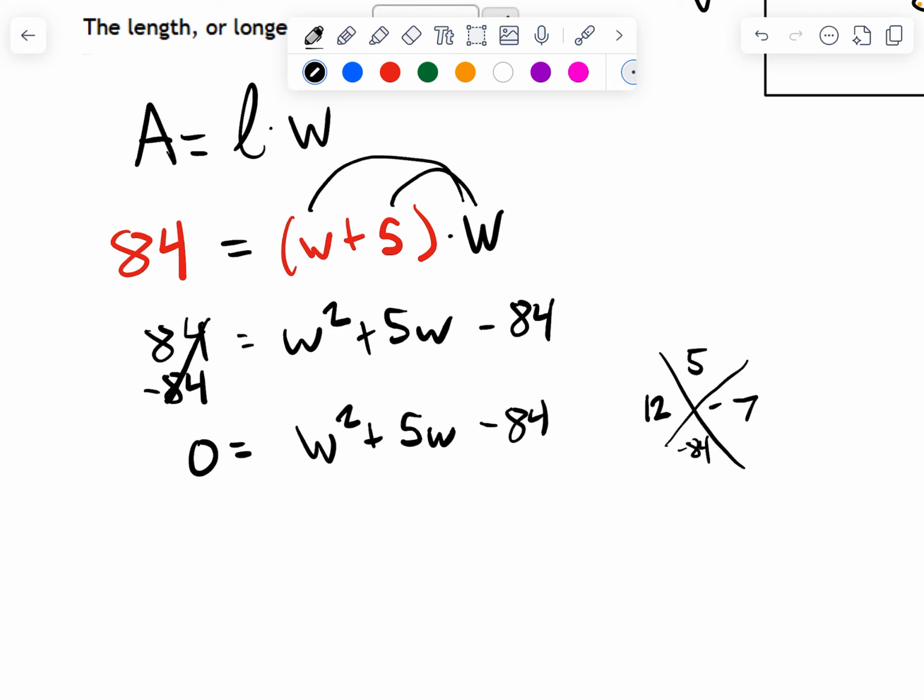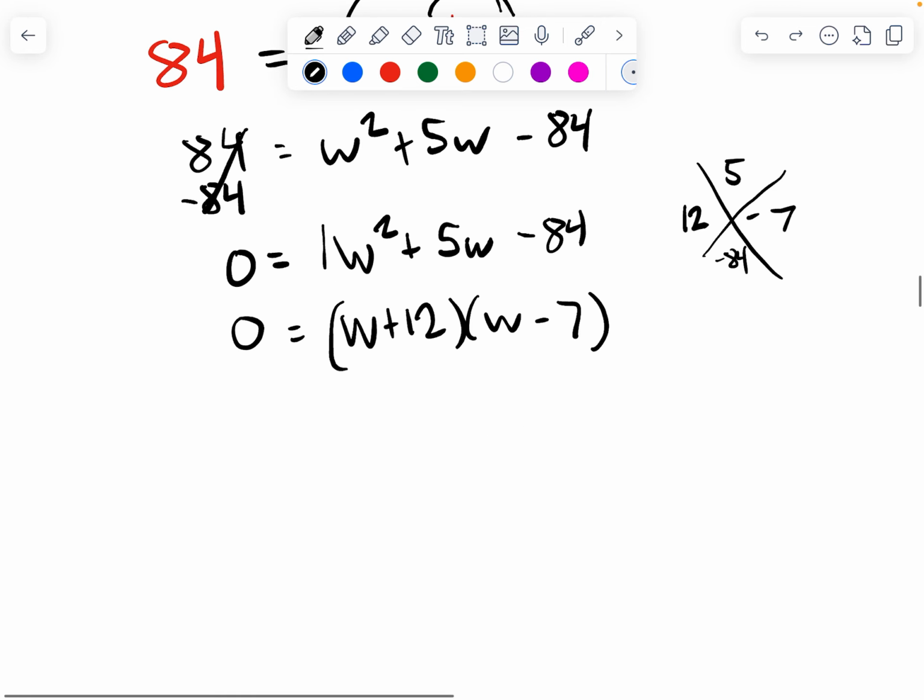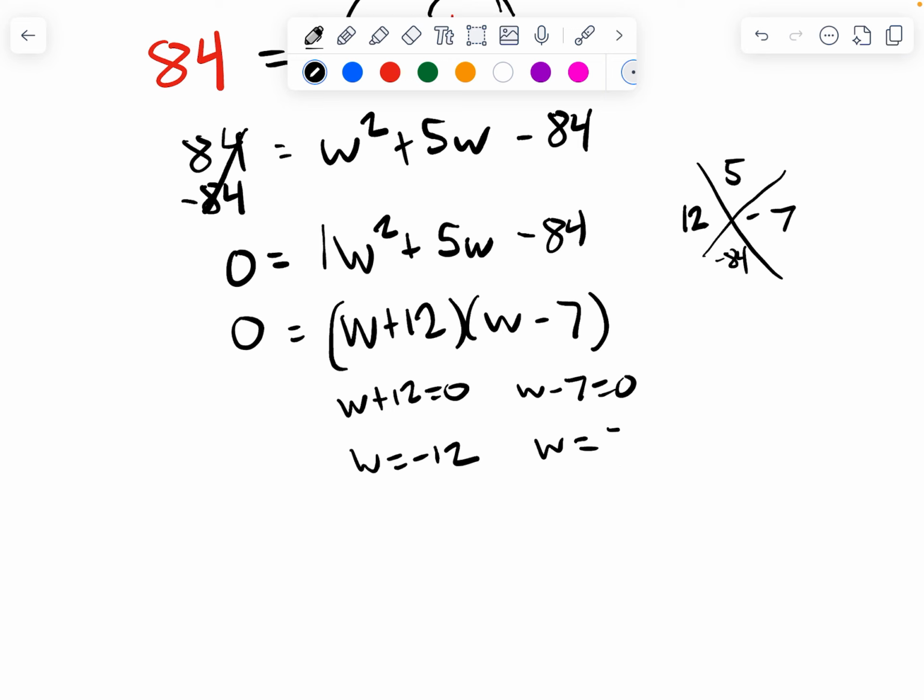Booyah. Which means that we have W plus 12 and W minus 7 as our 2 parentheses there. Remember, you can go straight to your parentheses because 1 is your leading coefficient. All right, which means that now you would just finish solving, set those equal to 0. And W equals negative 12 and W equals 7.